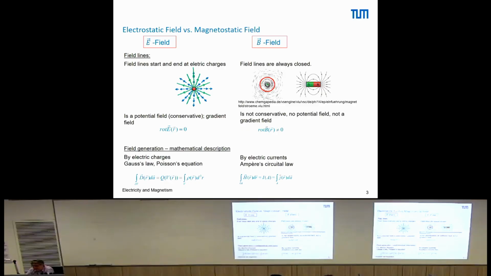And when you look at the generating quantities in the magnetostatic case, you have to use Ampere's circuital law. So a flowing current gives rise to your magnetic field strength.